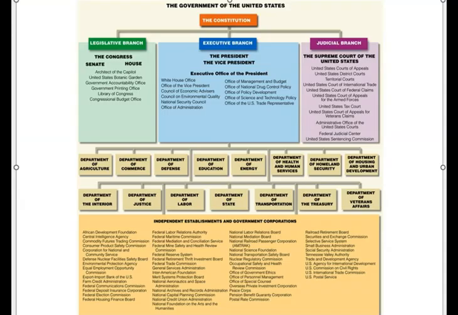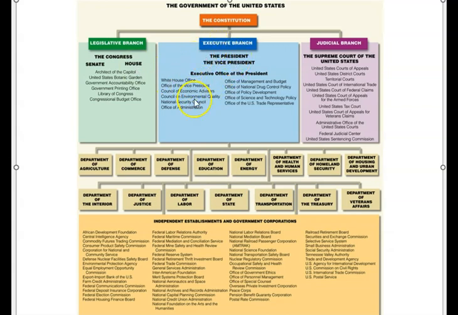Okay, so let me stop there. I want to share with you this last slide, just to give you an idea of just how extensive our federal bureaucracy in the United States happens to be. You can see at the very top, the framework begins with the Constitution that breaks down the three branches of government between the legislative, executive, and judicial branches. And then you see the role of Congress, broken into the two houses, the bicameral legislature, the Senate and the House of Representatives.